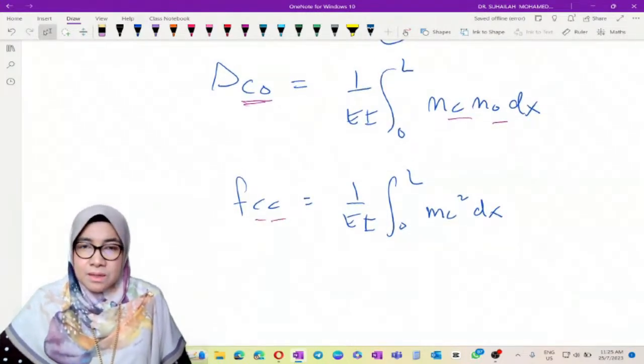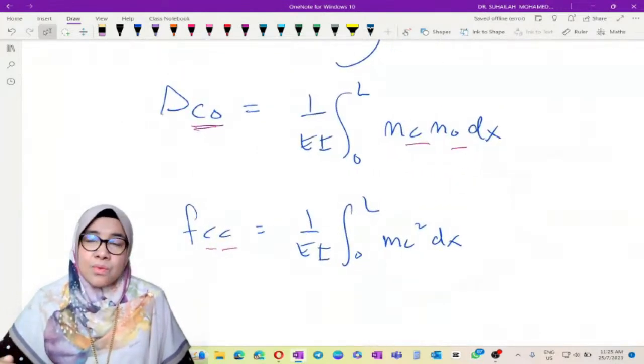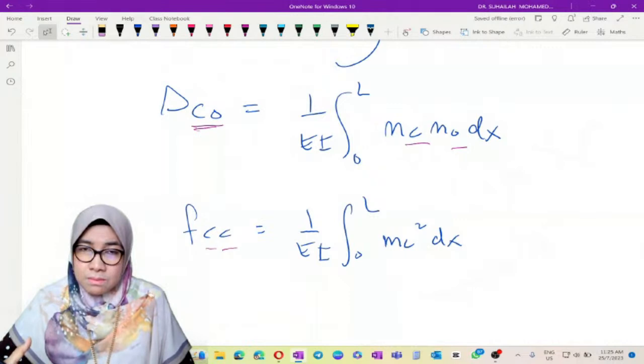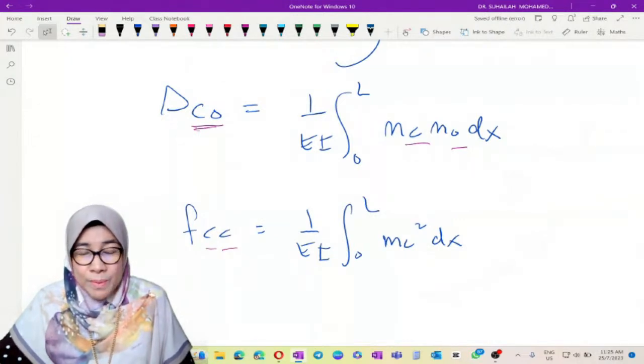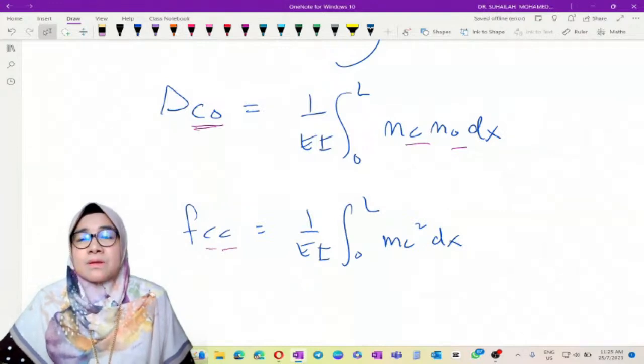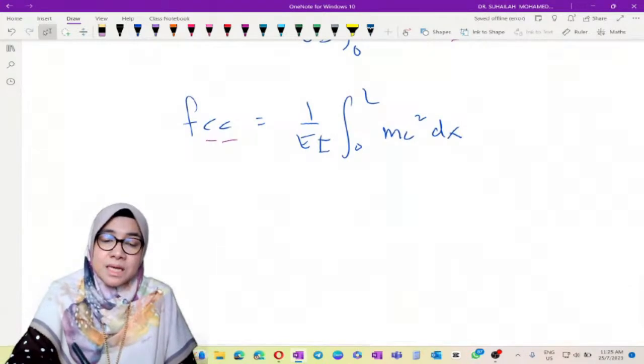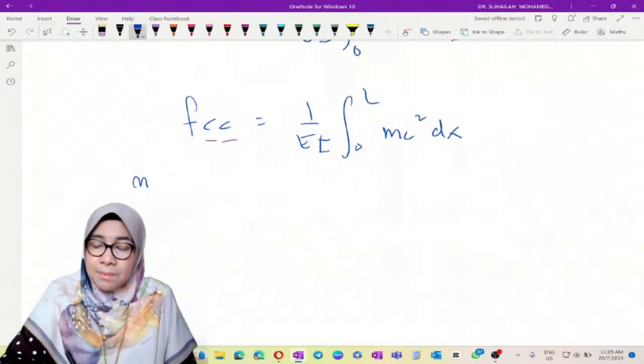So what is the next step after this? We will write the moment equations, MC and M naught. So what is MC, what is M naught? M naught first.